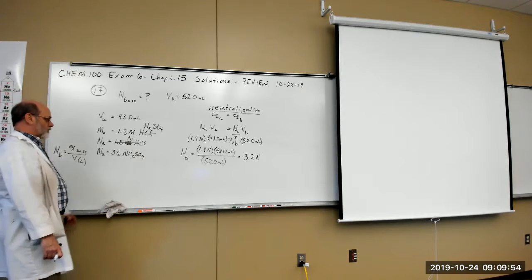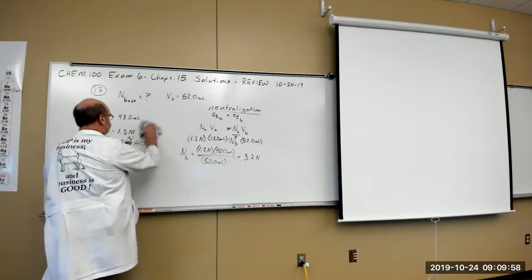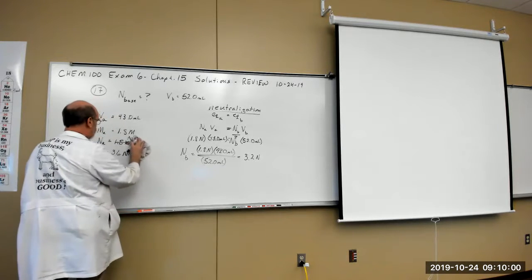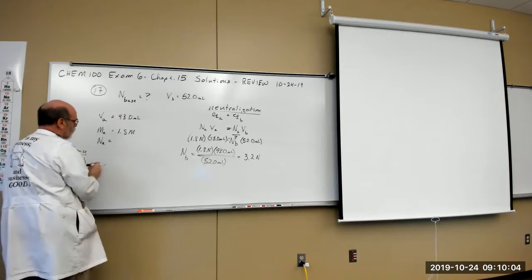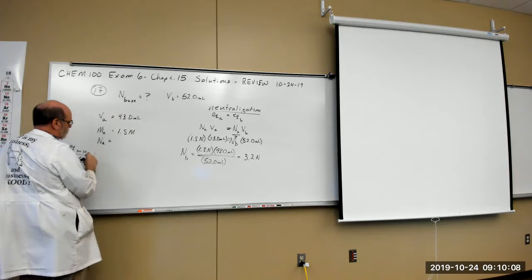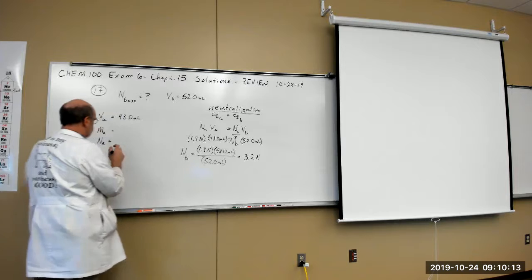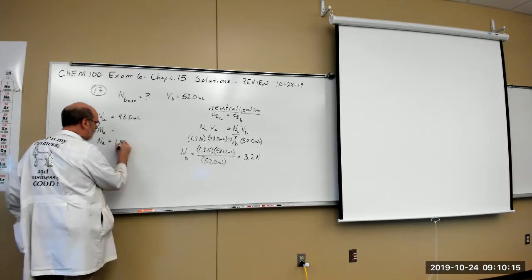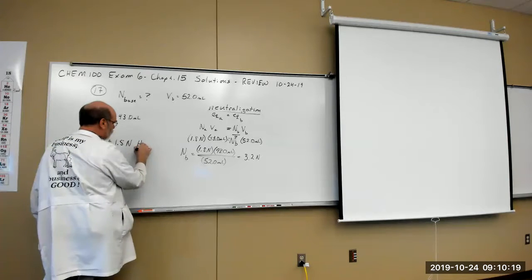Okay, so let's work it backwards the other way. Suppose we want the acid to be 1.8 normal, and it happens to be sulfuric.